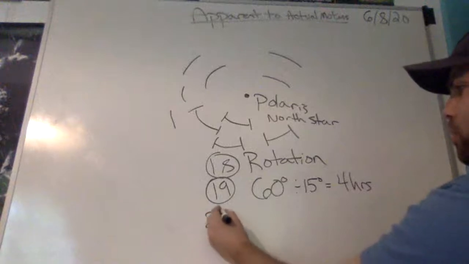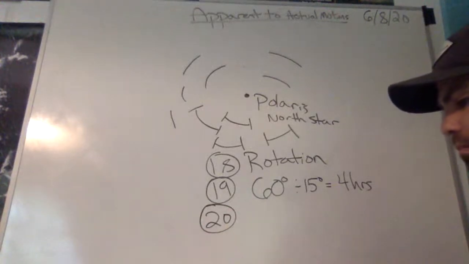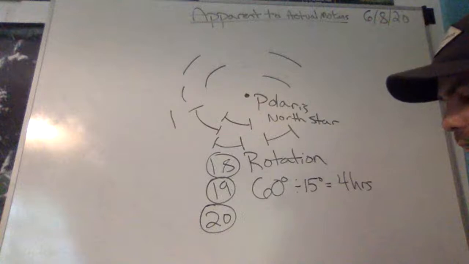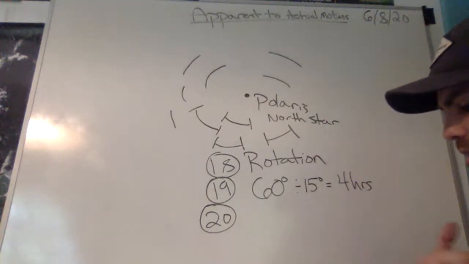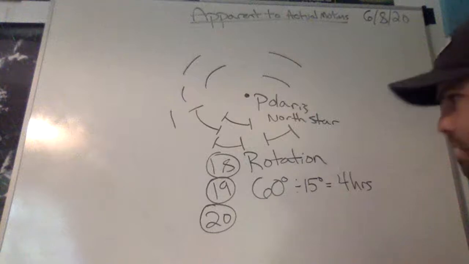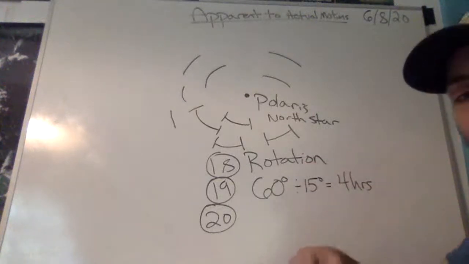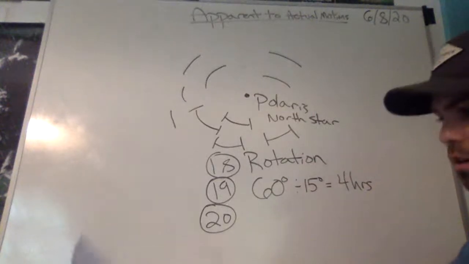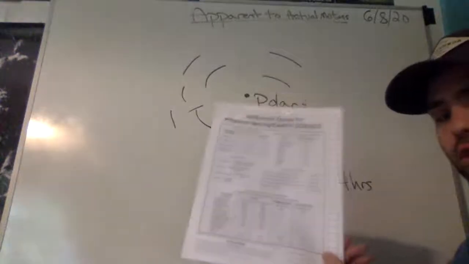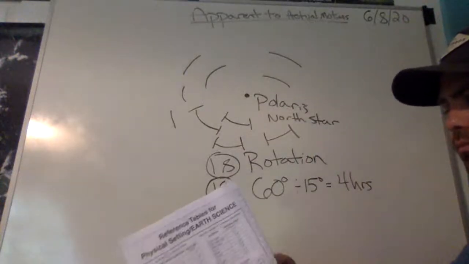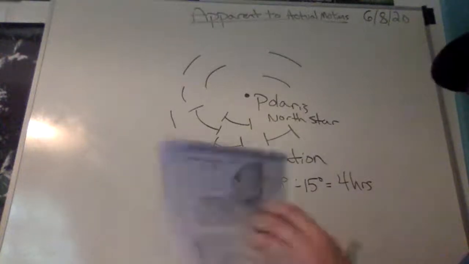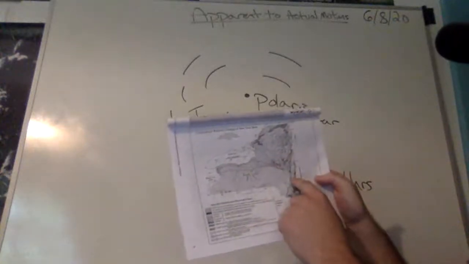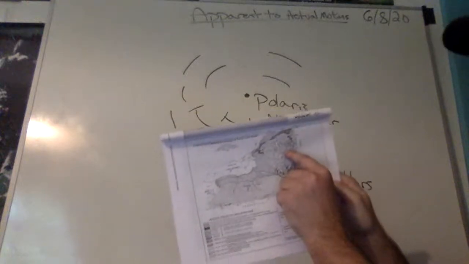And then the last one, it says, what is the latitude of Polaris when it is viewed from the top of New York State, Mount Marcy? So for this, we're going all the way back to Q2. What you're going to be doing is using your Earth Science Reference Table, going to page 3, and finding where Mount Marcy is, and it's all the way up here.